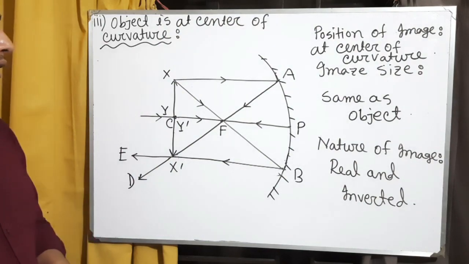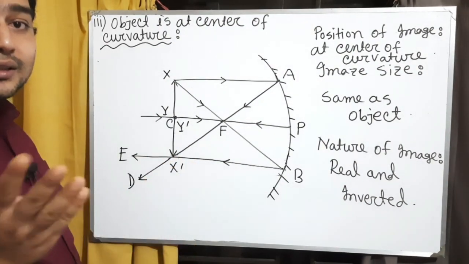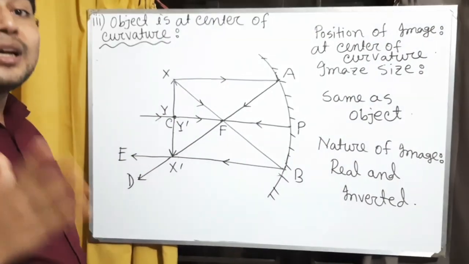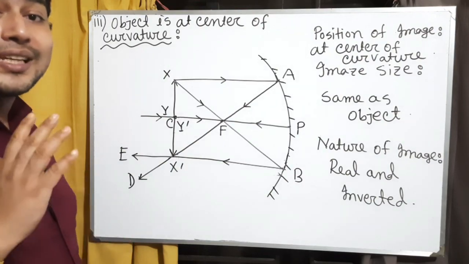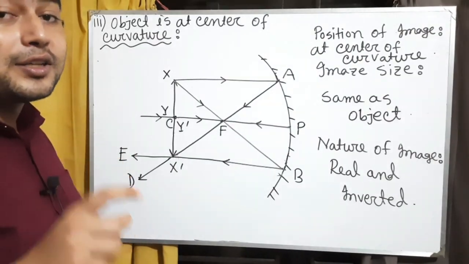Now in our previous class we discussed that all the distances of object and image are measured from the pole.